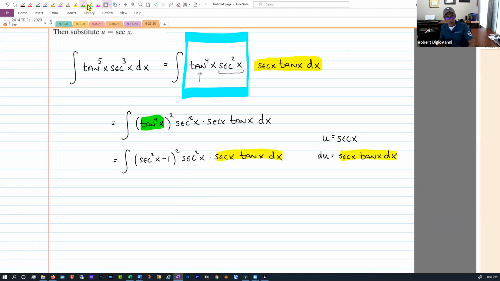And then everywhere that I see a secant x, I'm going to replace it with the U. U squared minus 1 squared times U squared times du. So the yellow here is the du, and those are all the green pieces.